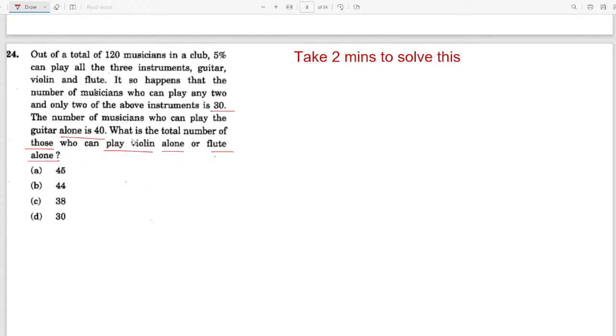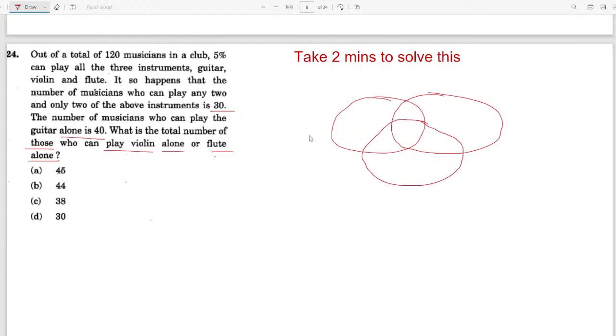So there are three items here: flute, violin, and guitar. So we use a Venn diagram here. We draw three circles which are intersecting. And then they are saying that 5% can play all, there are 120 total.